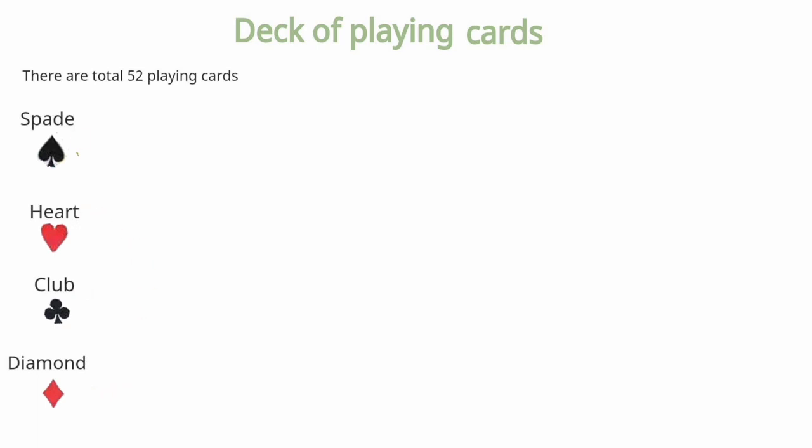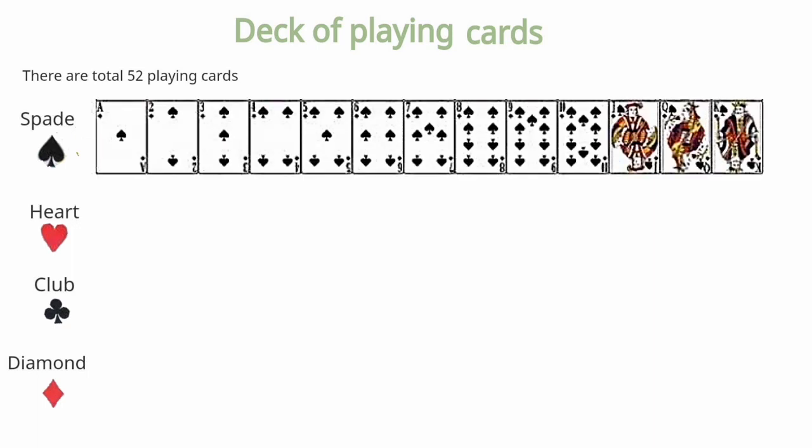And in each category there are 13 cards, means A, 2, 3, 4, 5, 6, 7, 8, 9, 10, J, Q, K. Here 4 alphabets are there: A, J, Q, K. And on these 3 cards, J, Q and K, faces are printed, so these 3 cards are called face cards. And number cards means numbers are printed: 2, 3, 4, 5, 6, 7, 8, 9, 10. These are called number cards.